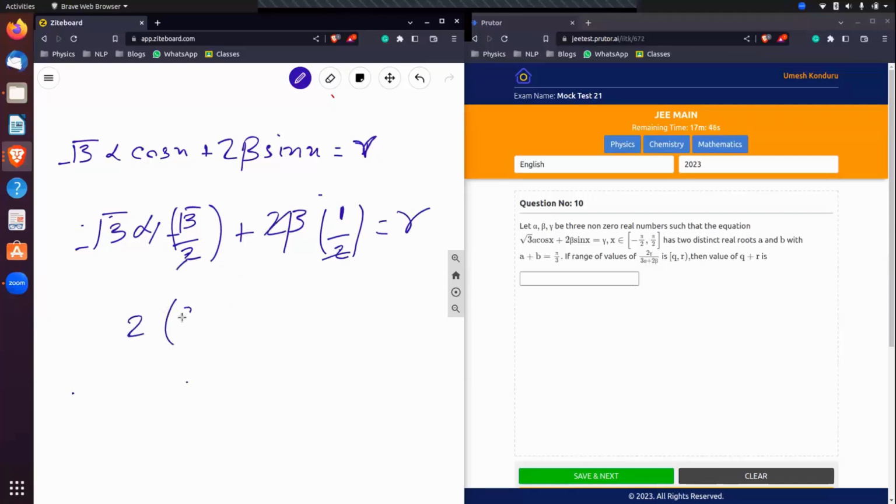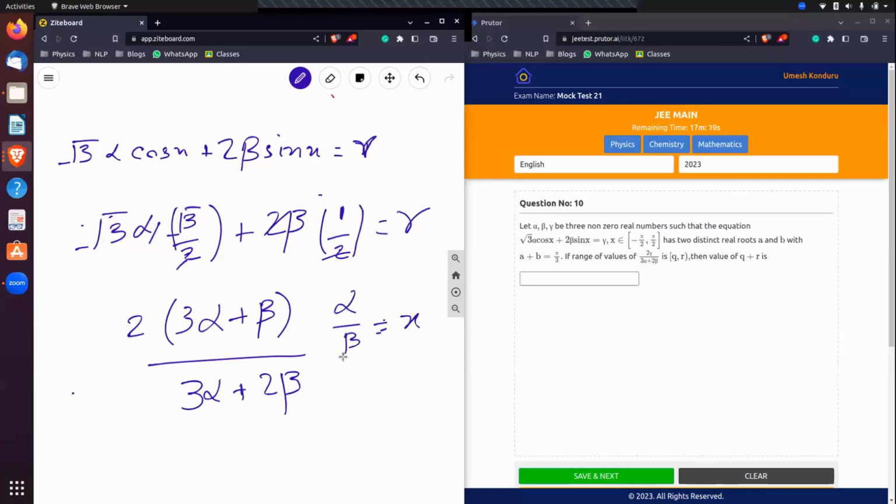So you have 2 times of 3 alpha plus beta divided by 3 alpha plus 2 beta. We need to figure out the range of values that this can take. So if you just call alpha by beta equal to x, you can do this because beta is non-zero, which is given in the question. You have to figure out the range of this thing.